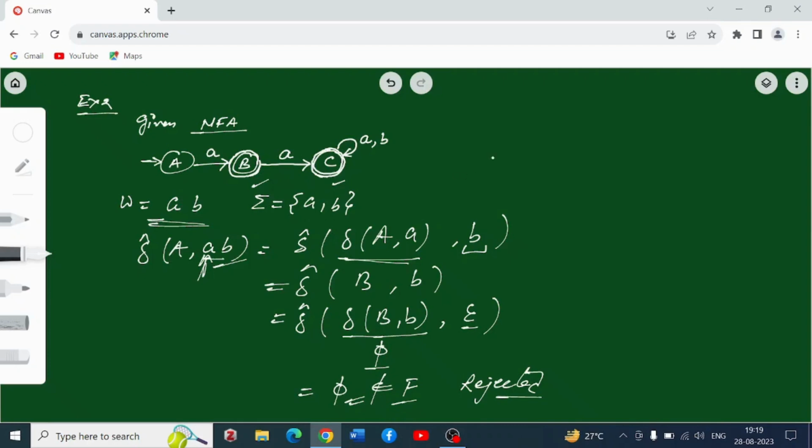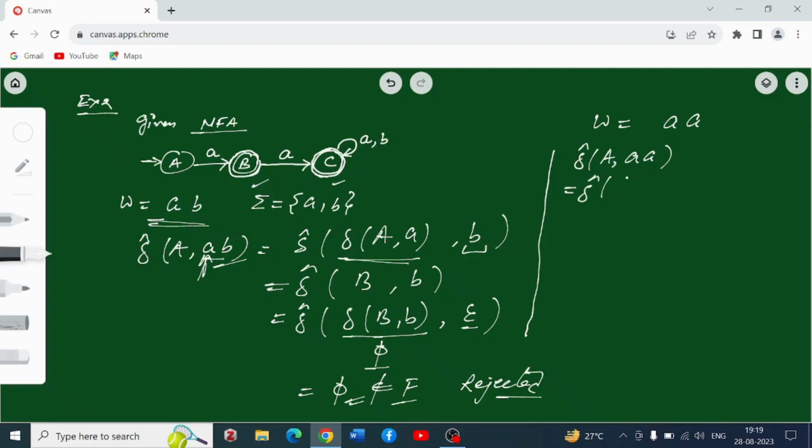Let's take another string for the same NFA, and let's say at this time the string is AA. A is the initial state and the input string that we are testing is AA.